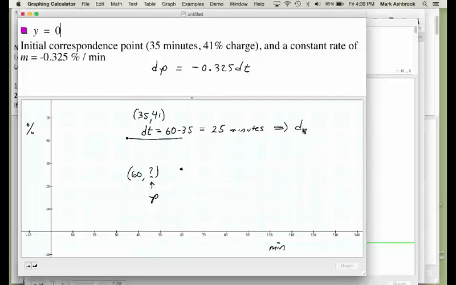So this would tell us that dP is negative 0.325 times our 25. We can just come up here and do that. So negative 8.125.